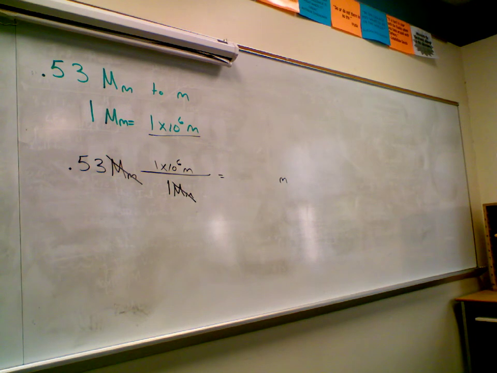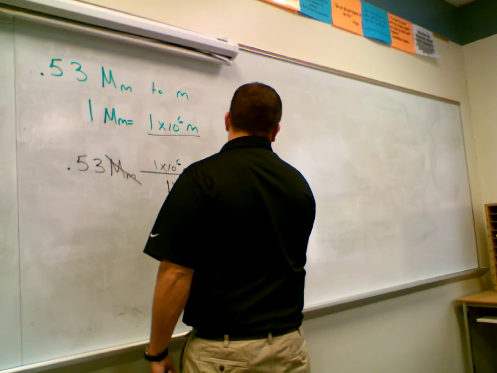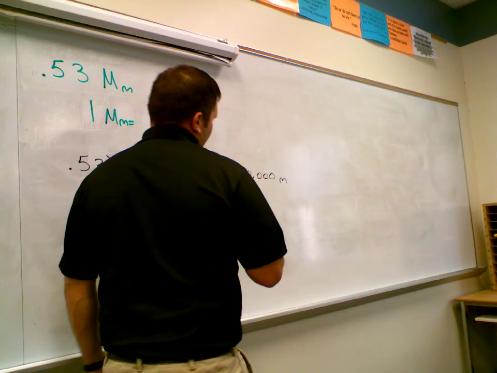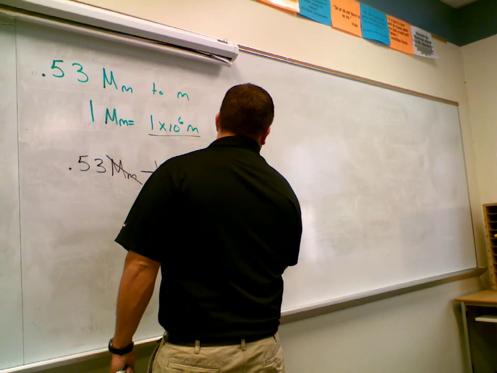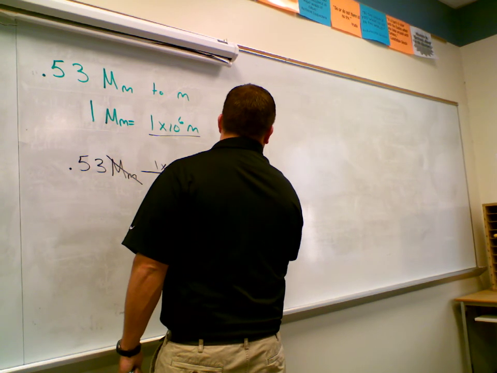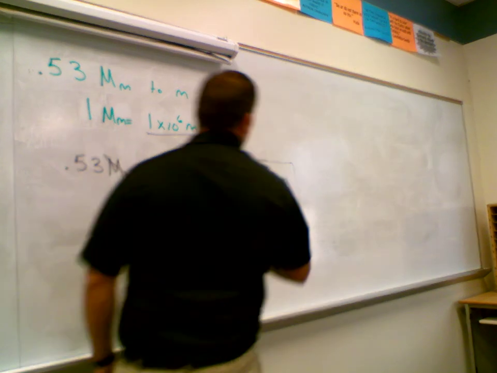What is it? 530,000? That's what I got. Yeah. Okay. Or I could write it as 5.3 times 10 to the 5. So either of those I will take.